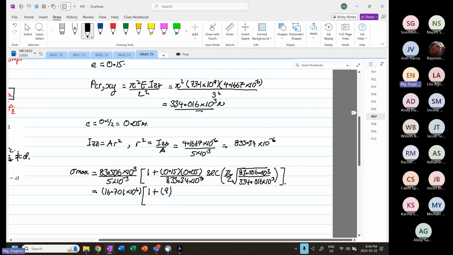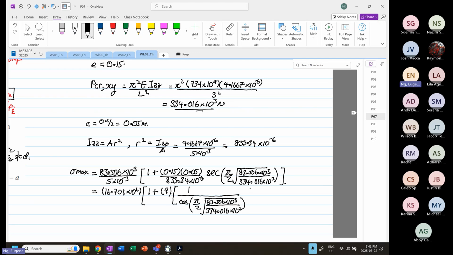Now, when you calculate this, right, make sure you put in radians mode. And to calculate that is basically 1 divided by cosine. Okay, when you press your calculator, pi over 2 square root of the 83.506 times 10 to the power 3 divided by 334.016 times 10 to the power 3.